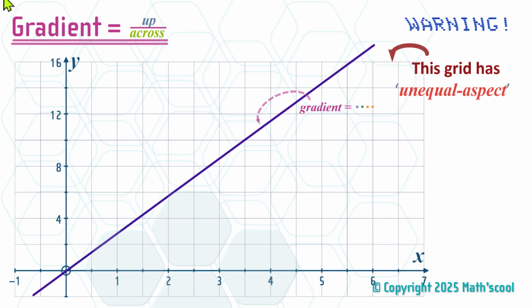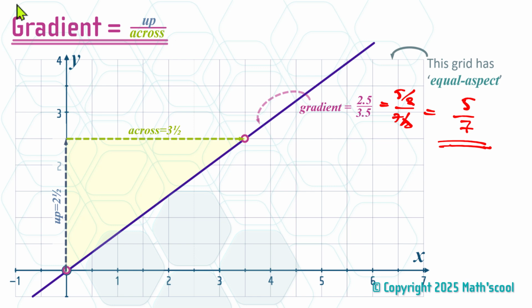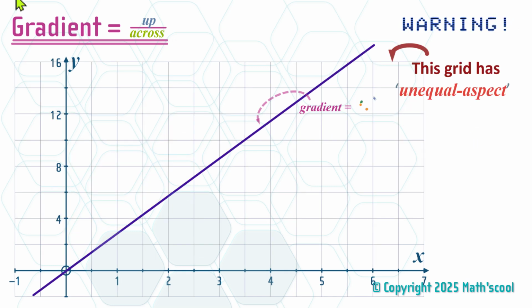Okay, this looks identical to the last one. The line is sort of identical, but it's got a warning here, which is saying this grid has an unequal aspect. So the gap from 0 to 1 on the y-axis would, well, 1 would just be here on the y-axis.